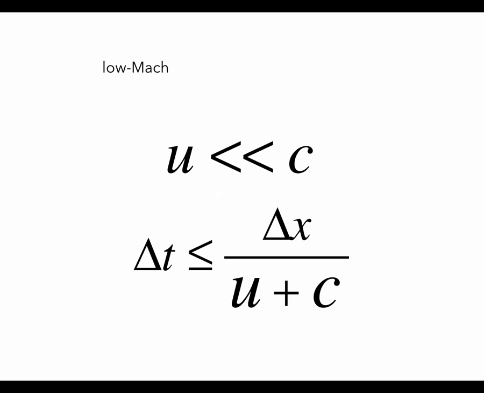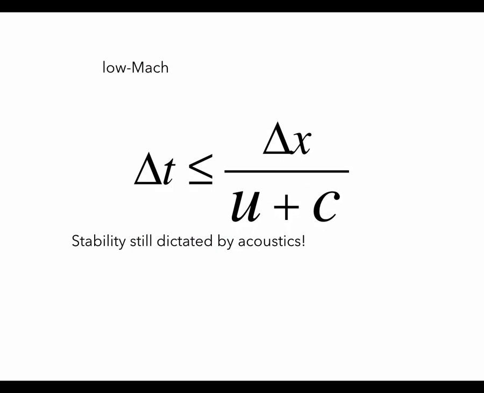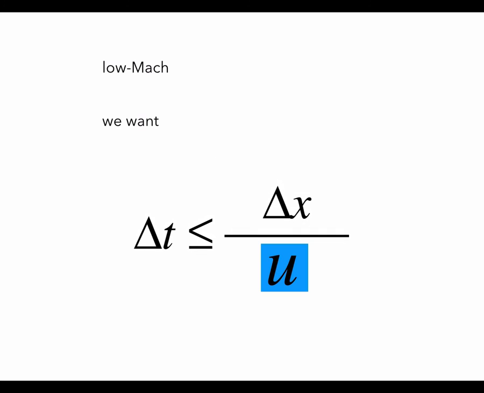For low Mach, the advective motion is much smaller than the speed of sound, yet our stability is still dictated by delta x over u plus c. But what we want is for stability to be dictated by the advective motion. That's what effectively happens with the set of equations for incompressible flows.